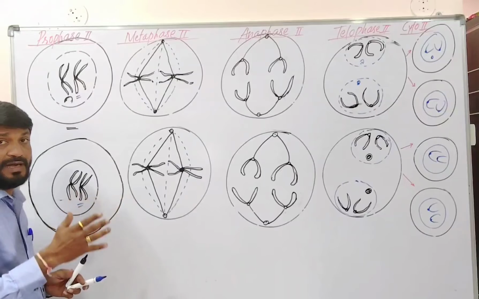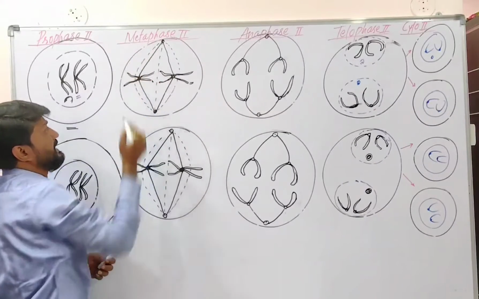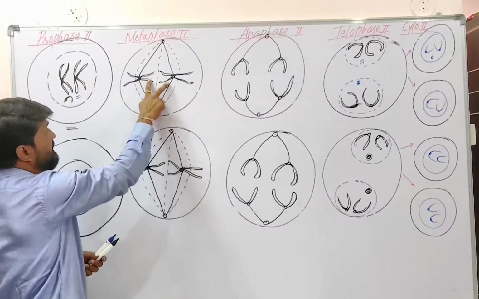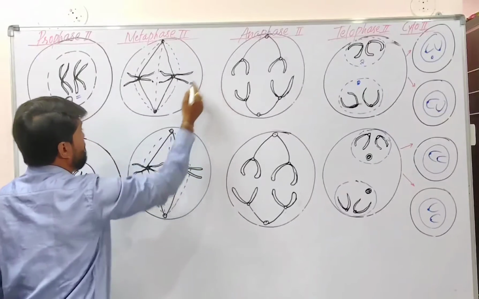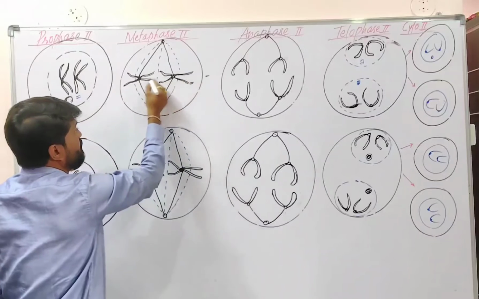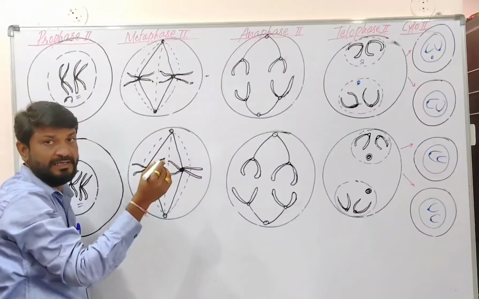In the next stage, metaphase 2, there will be arrangement of chromosomes on the equatorial plane. So that is the first daughter cell, and the second daughter cell. The chromosomes are arranged on the equatorial plane.